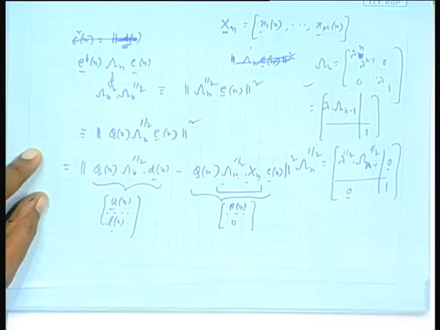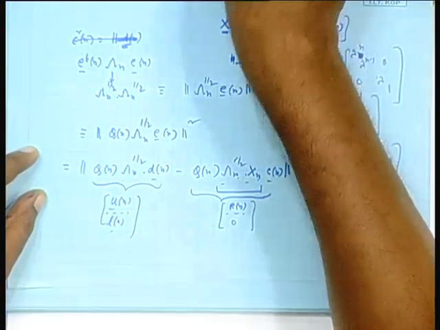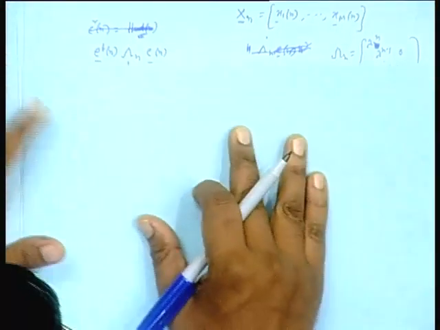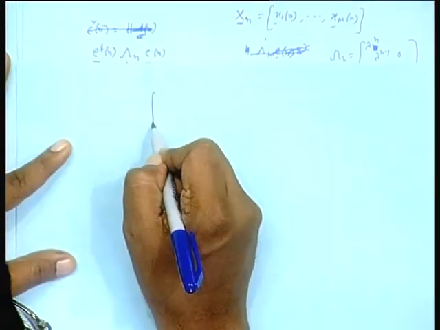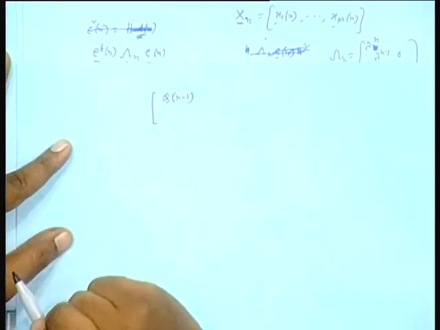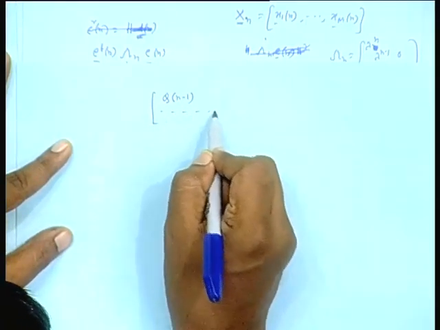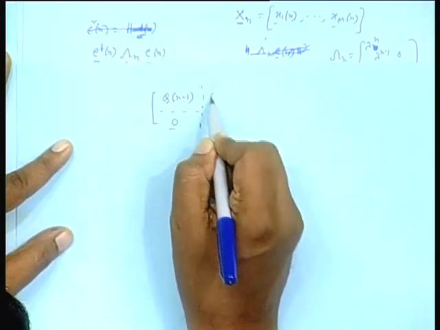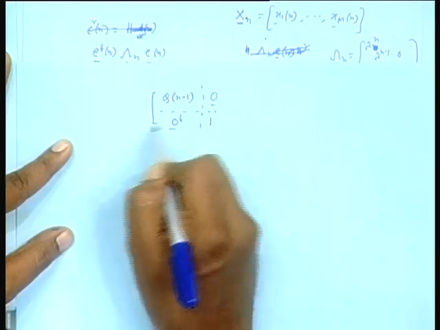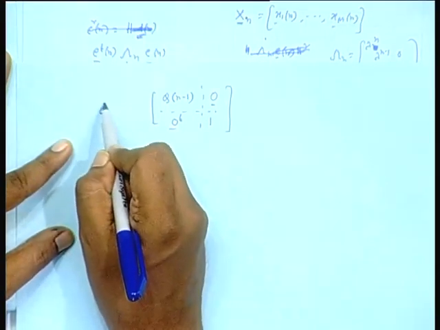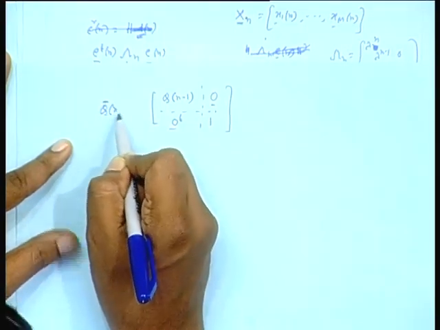Okay. So, suppose by hook or crook I know that q n minus 1. If I know that, then first I form one matrix, Q, with a zero row vector and a zero column vector, and you call it q bar n minus 1.